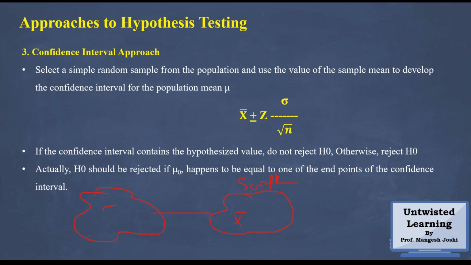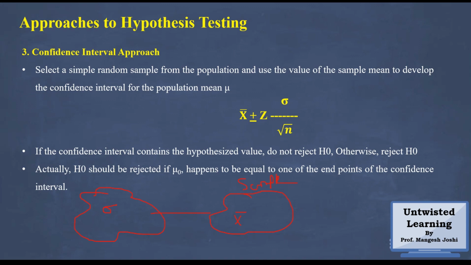Similarly, sigma, the standard deviation of the population, will be known to you. Depending on this formula, you will calculate the upper confidence level and lower confidence level, that is, x bar plus minus z times sigma by root n.